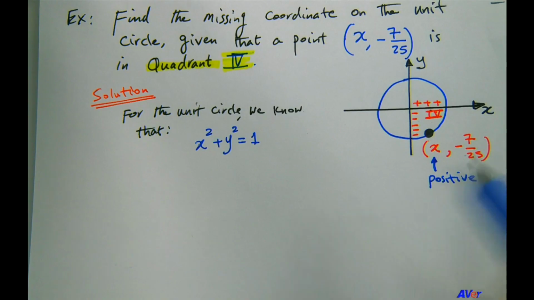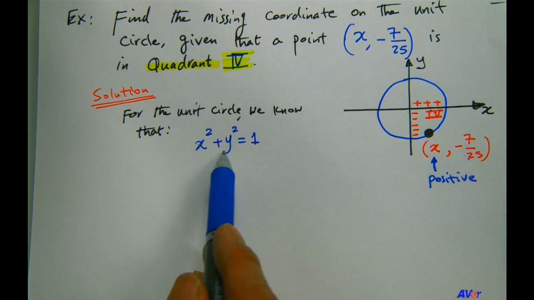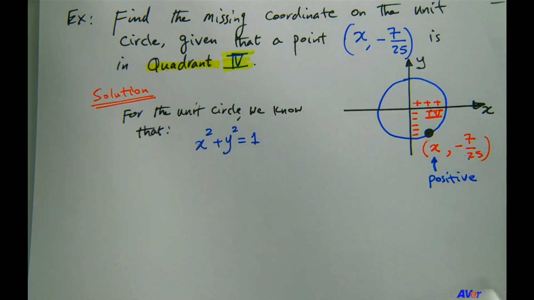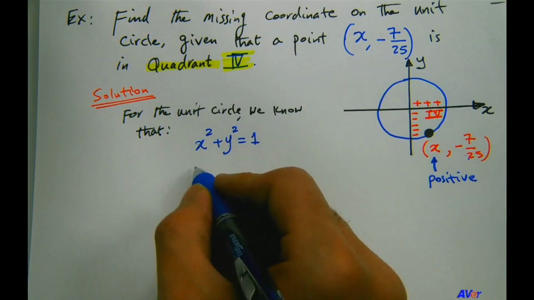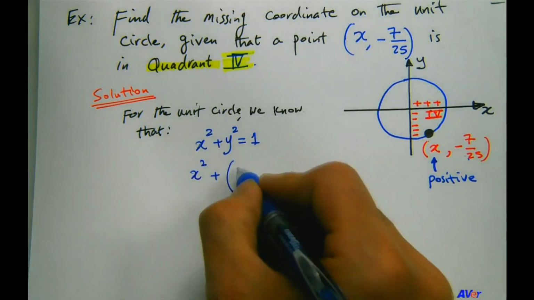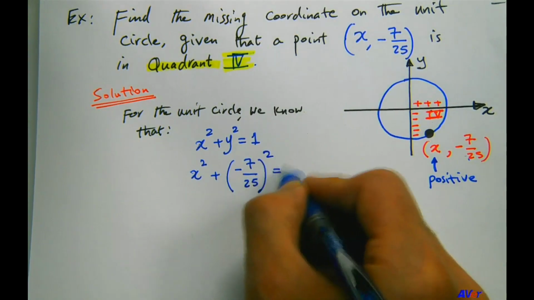So let's plug that in and solve for x. If we plug negative 7 over 25 in for y, this becomes an equation of one variable, and we can easily solve for it. So we have x squared plus negative 7 over 25 squared equals 1.